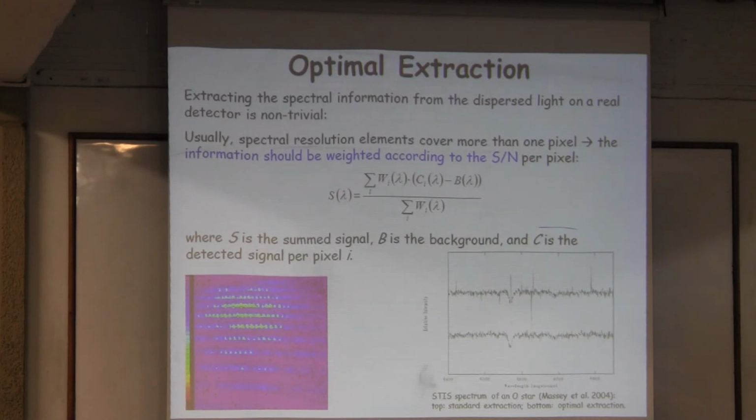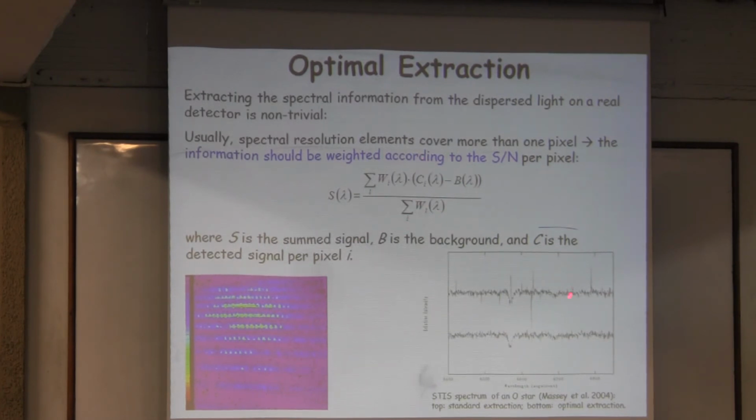And so a very important method to take these imperfections into account is called optimal extraction, where you simply weigh the information of the pixel with a weight factor that is essentially given by the signal to noise of the spectrum at that position.